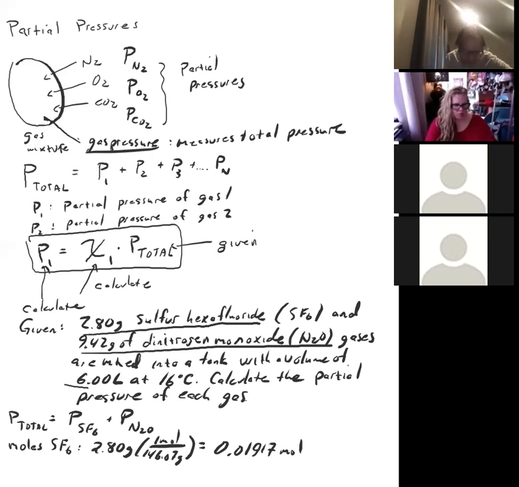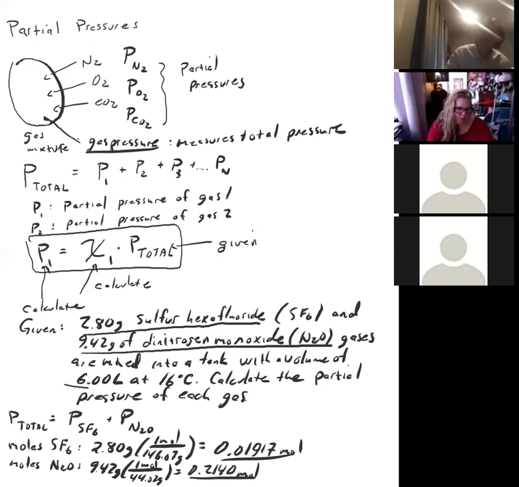Now let's do the second gas, moles of N2O. We have 9.42 grams, and 1 mole of N2O is 2 nitrogen, so 2 times 14.01 plus 1 oxygen, which is 16, 44.02 grams. So 9.42 over 44.02, and it looks like you get 0.2140. Okay, so we have the moles of each one. So let's do the following. Let's do the mole fractions.